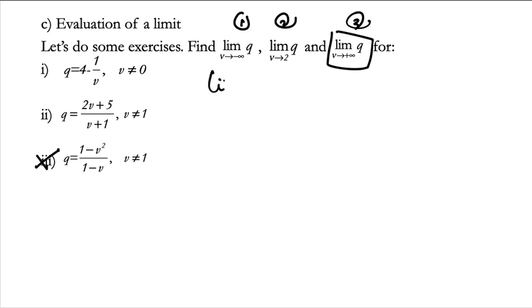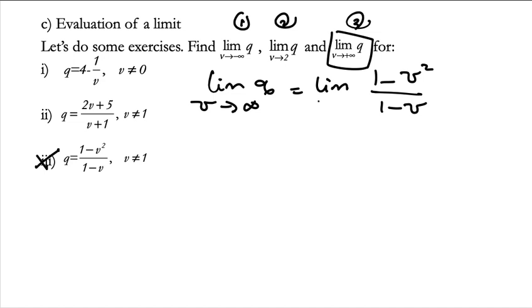So here, the limit of Q as V approaches positive infinity is equivalent to the limit of what? The limit of (1 minus V squared) over (1 minus V) as V approaches infinity, isn't it? Before you put the value of infinity into the expression, you need to check whether this expression can be simplified further or not. Now you look here.